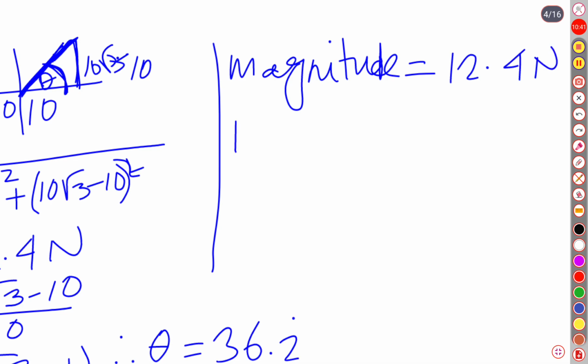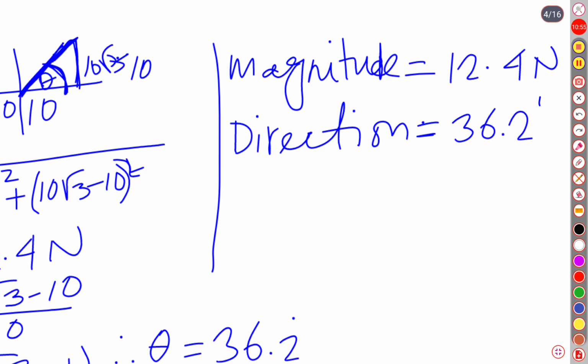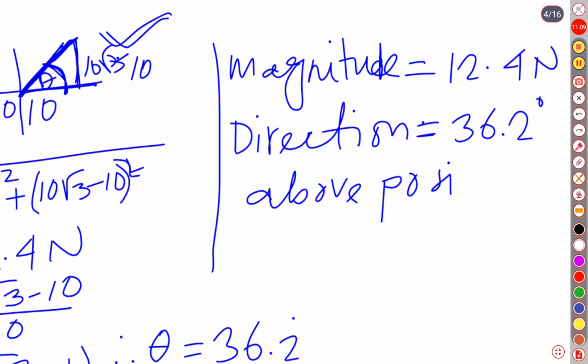And the direction is 36.2 degree above the positive x-axis, because it is in the first quadrant. Look at this, here we have already written it is in the first quadrant, so above the positive x-axis. So this is how you can solve the whole of the question.